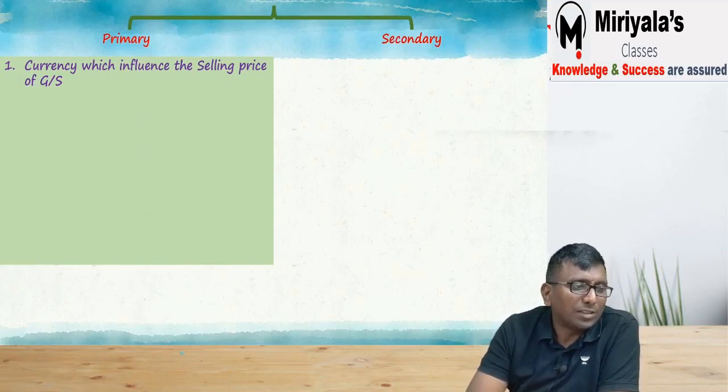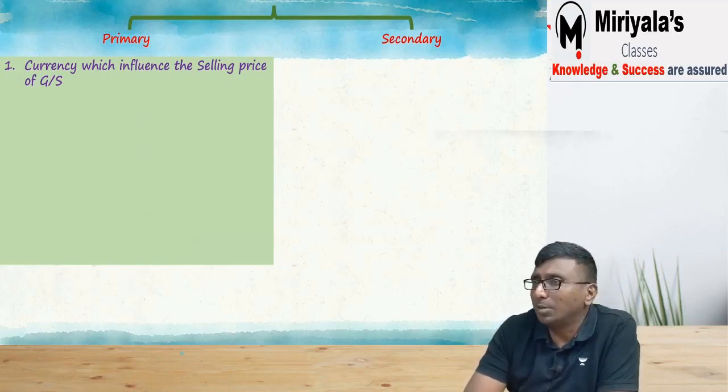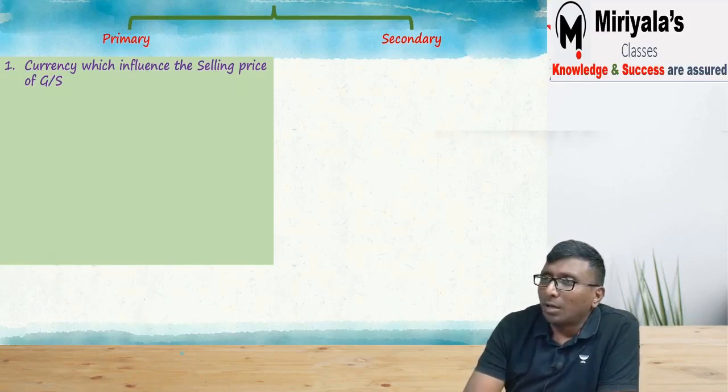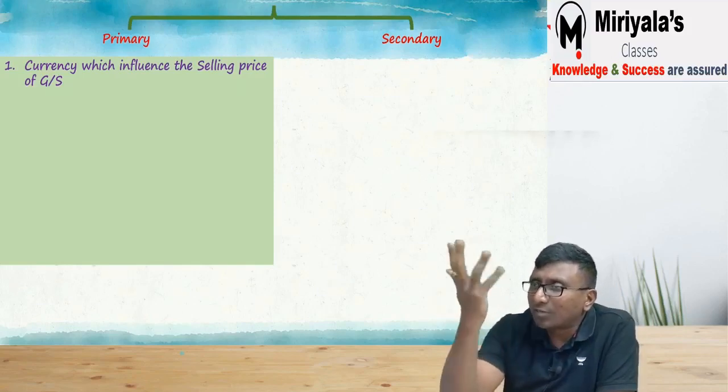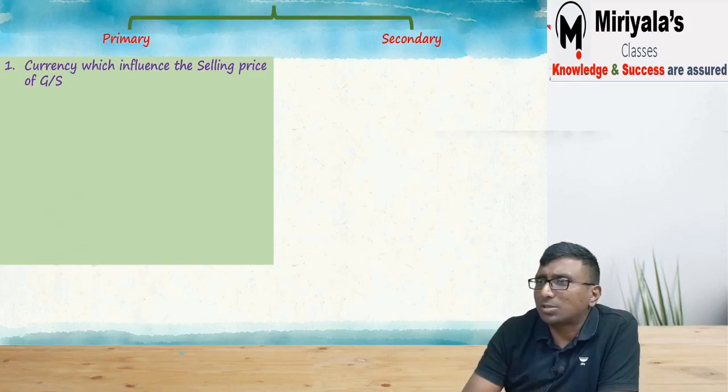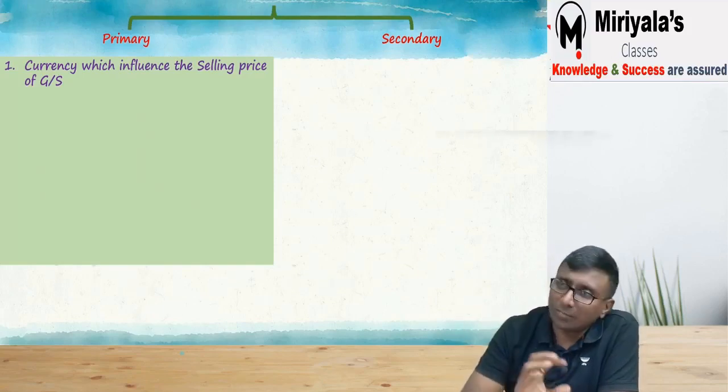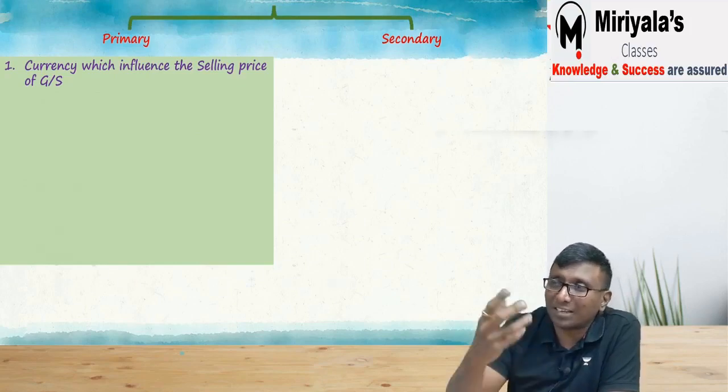What is it influencing? In a simple sentence, your most sales are in which currency? That's all, nothing much. Then you can give one mark.